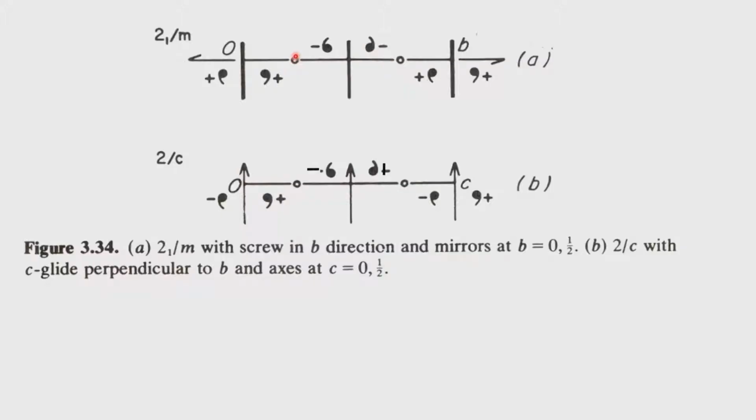Now, if you take this as the origin, the intersection of the mirror and the 2 1, your x y z will see both 2 1 and mirror. And apart from that operation, we do not have any further operation at that particular point with respect to 0. The fact that the center of symmetry develops at the 1/4 position is not going to give us back the x y z.